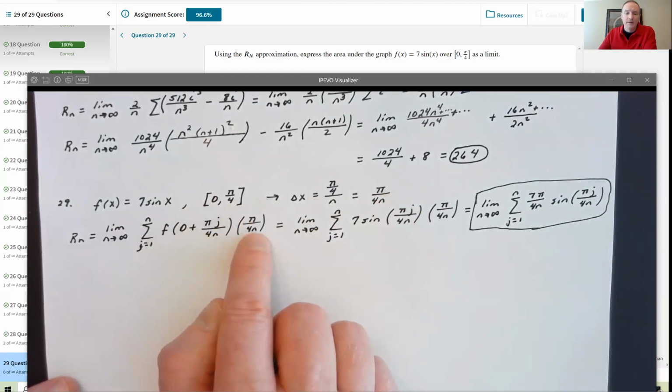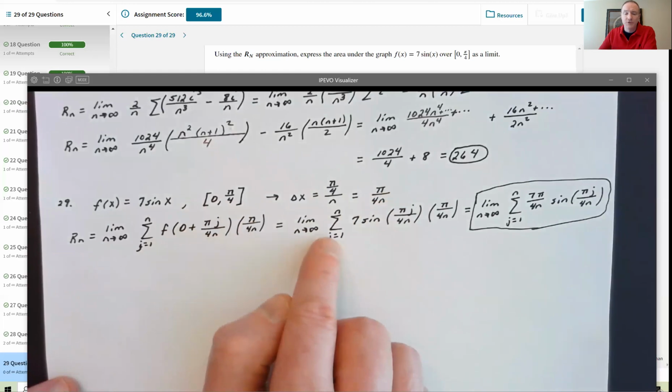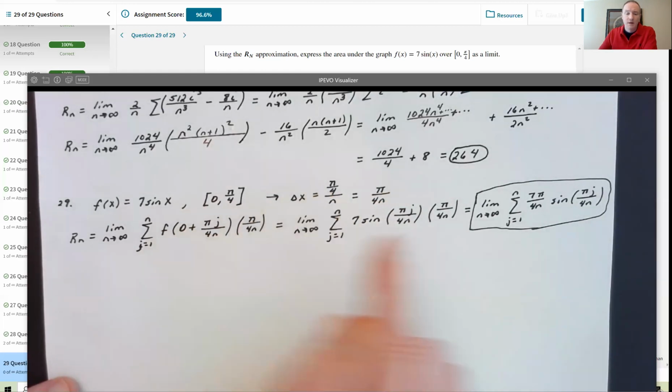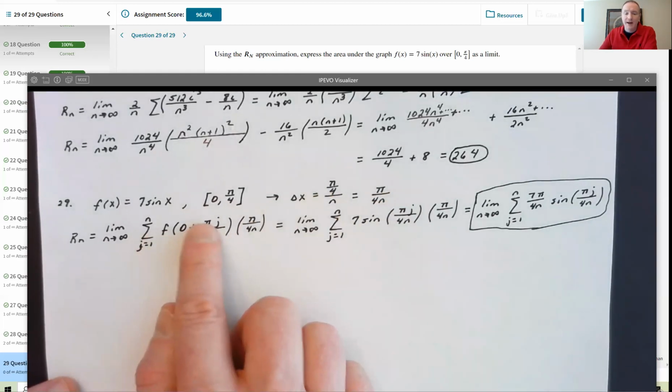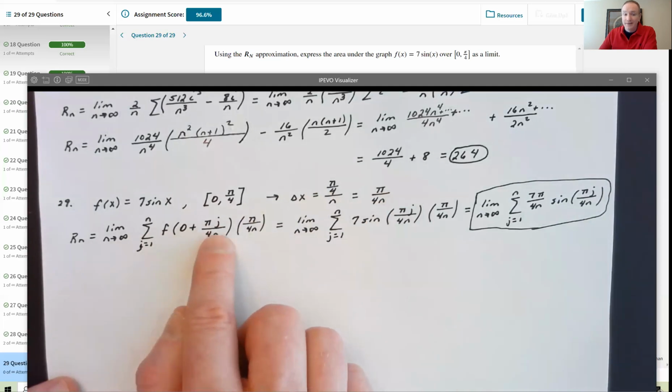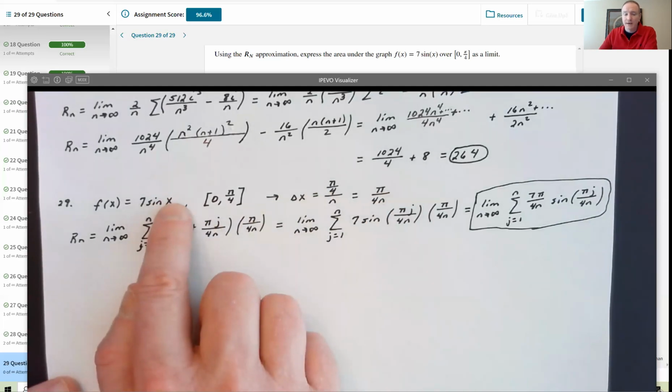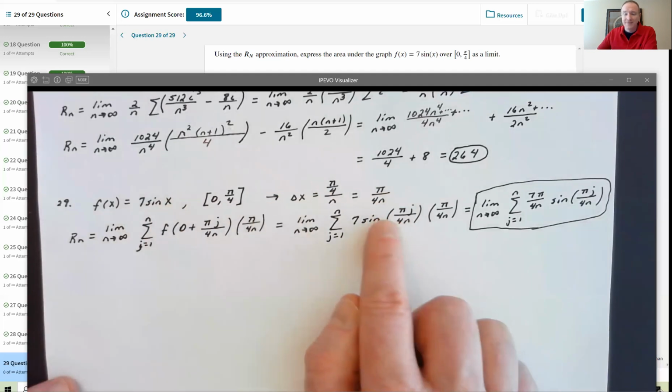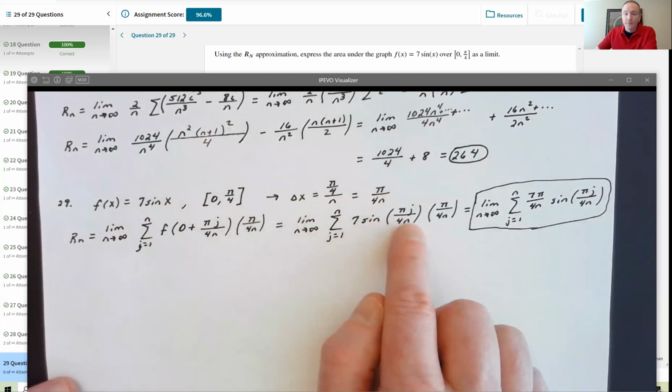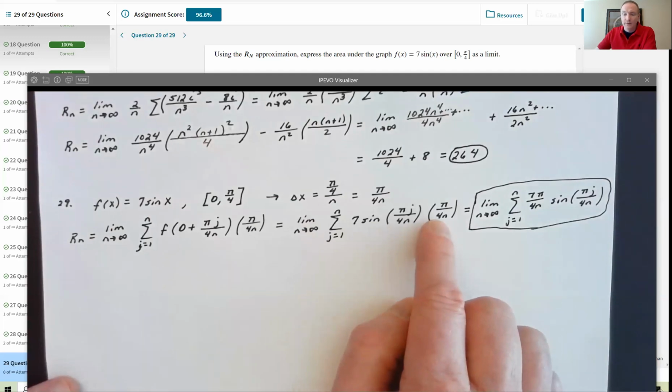So now this is going to become the summation from j equals 1 to n. Well, what is f of pi j over 4n? That just takes the place of x inside of your function. So you have 7 sine of the angle pi j over 4n times that common width of the rectangles, pi over 4n.